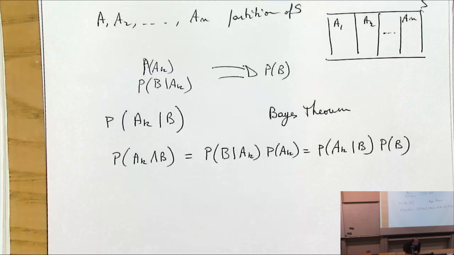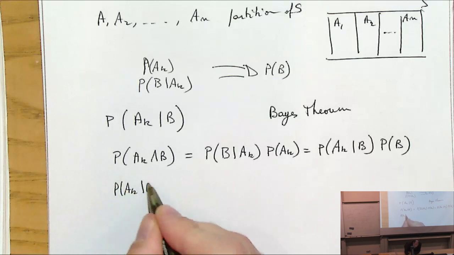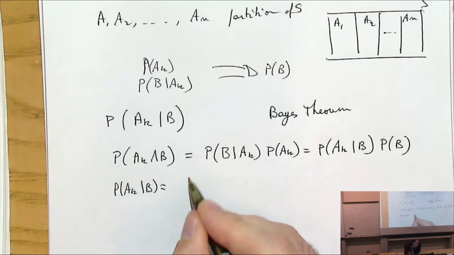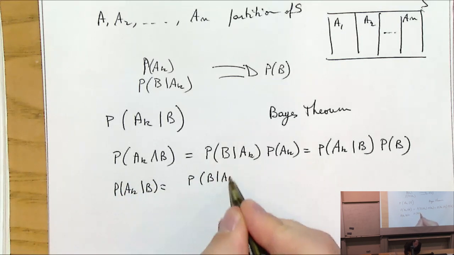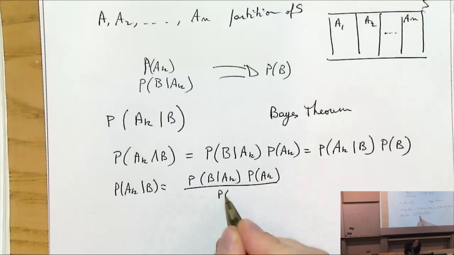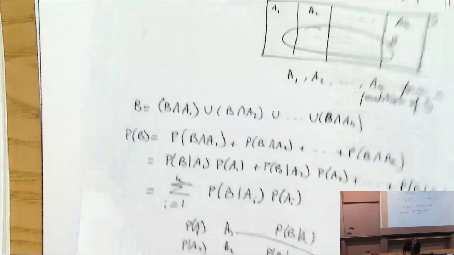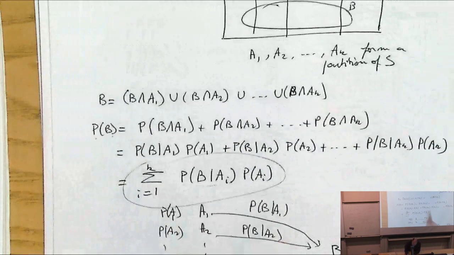Okay, this is not new. We have done this. Right? Now what can I do? I can write P of AK given B is now equal to P of B given AK multiplied by P of AK divided by P of B. And now we can use the total probability that we have just written here. Right?